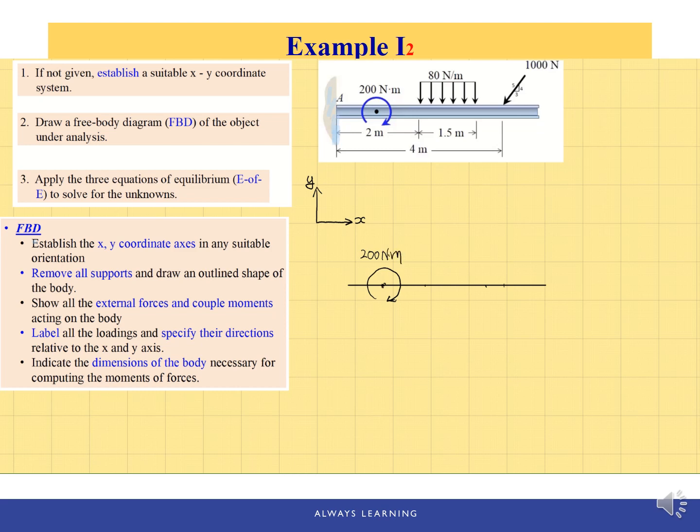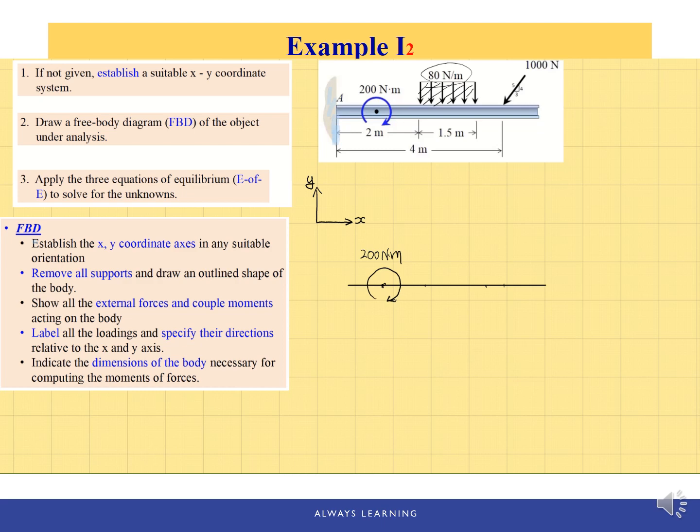And then we have this distributed load. Usually when we draw the free body diagram, we're going to replace the distributed load with a concentrated load. The magnitude of it will be the area of the rectangle.